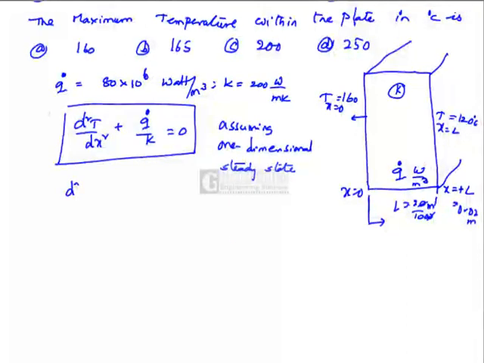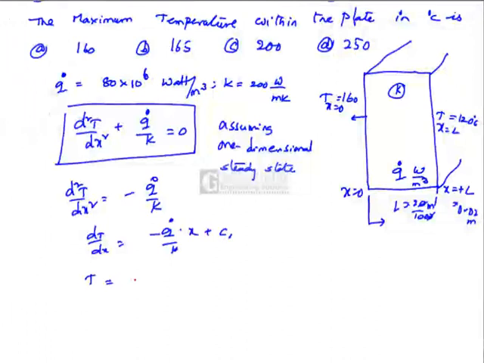Therefore, d square T by dx square is equal to minus q dot by k. dT by dx is equal to minus q dot by k into x plus C1. Temperature is minus q dot by k into x square by 2 plus C1 x plus C2.